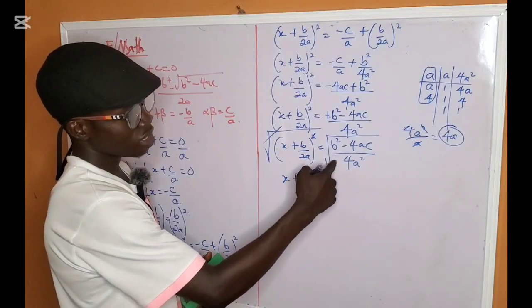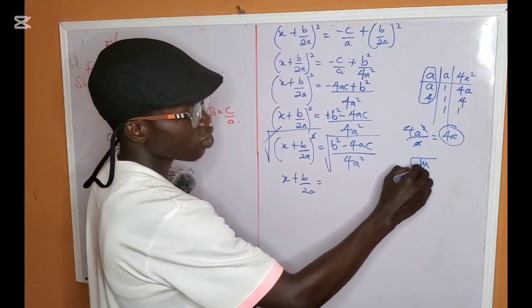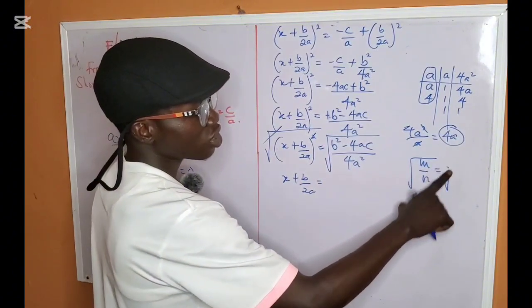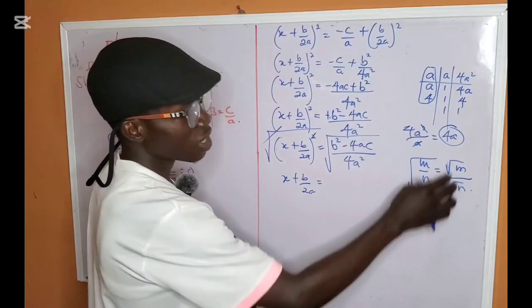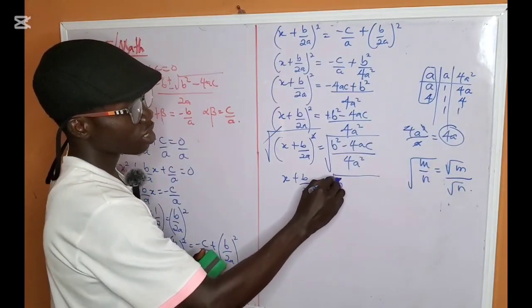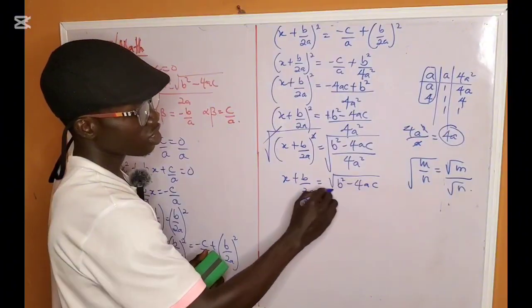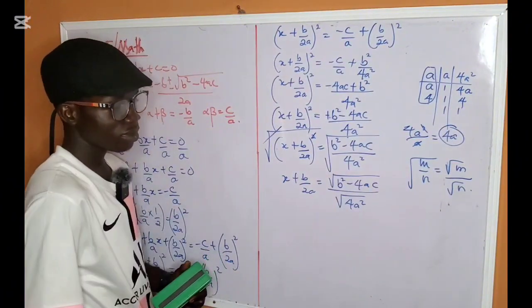so this I can distribute under the surd. If you have root m over n, it will give us root m over root n. So I can distribute the square root. Therefore, I'm going to have root b squared minus 4ac over root 4a squared.